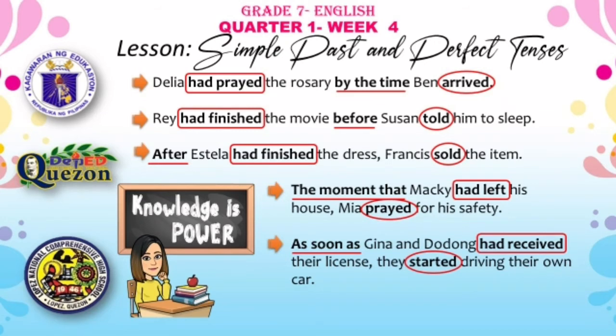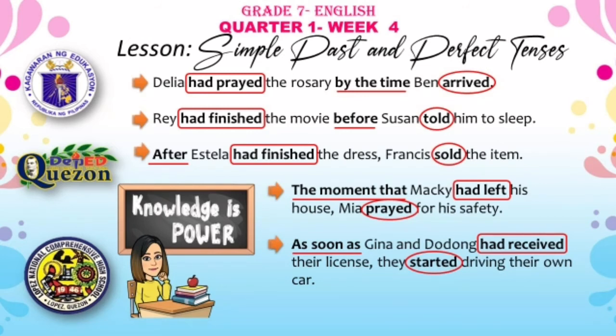Had finished is the past perfect tense. Before is the time expression and told is the simple past tense. The third one is after Stella had finished the dress, Francis sold the item. After is the time expression. Had finished is the past perfect tense and sold is the simple past tense.